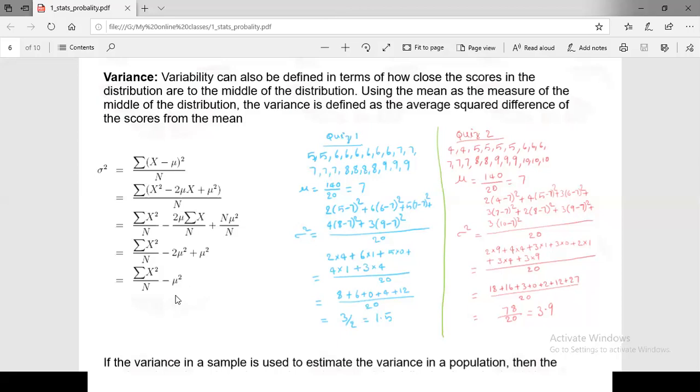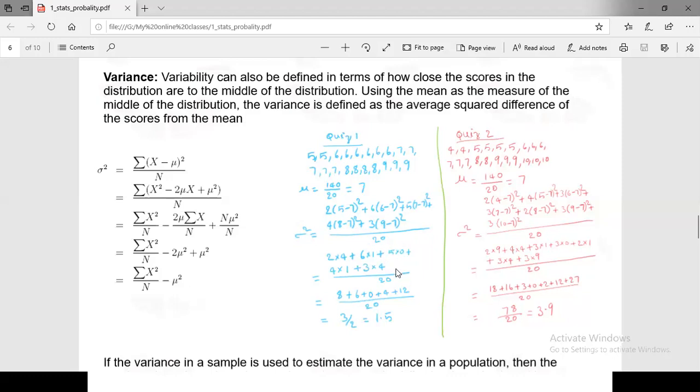Here, 2 into (5 minus 7) whole square, because 5 is repeated twice, plus 6 repeated 6 times, that's 6 into (6 minus 7) whole square, plus 5 into (7 minus 7) whole square, plus 4 into (8 minus 7) whole square, plus 3 into (9 minus 7) whole square.